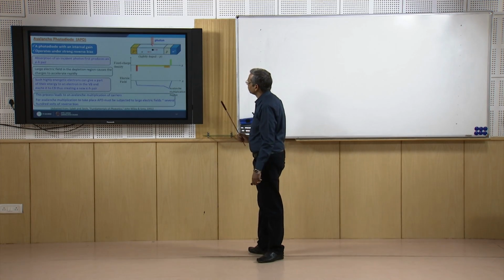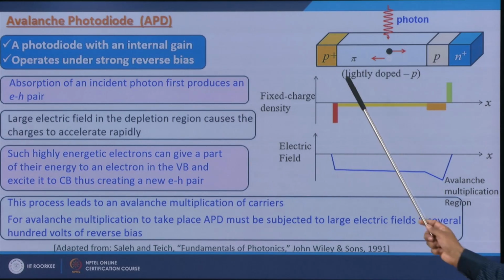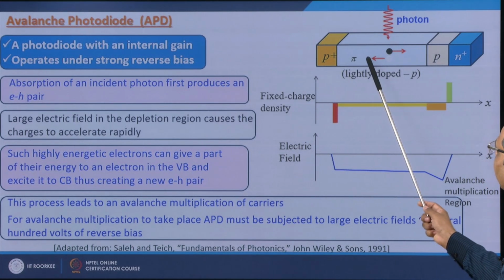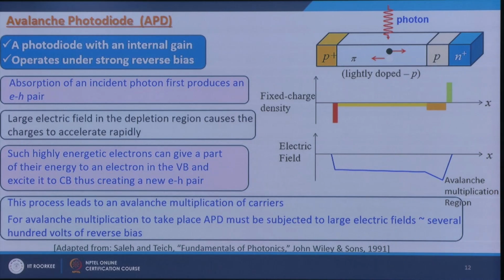What is it? Let us look at the structure. You have a highly doped p region, then a pi region which is nothing but a lightly doped p region, then a p doped region and a highly doped n region.